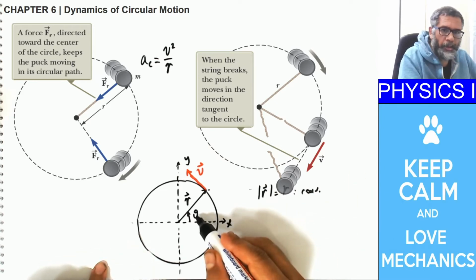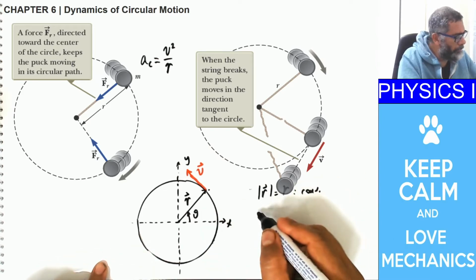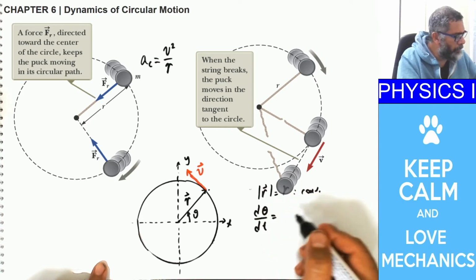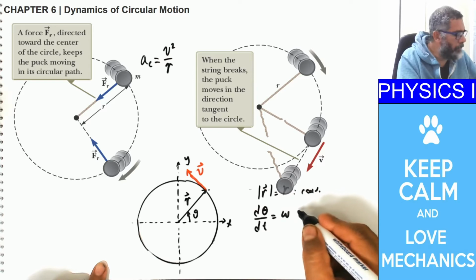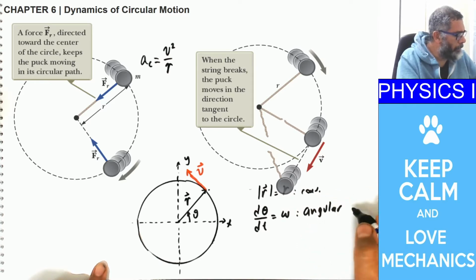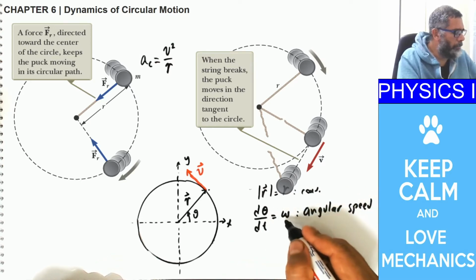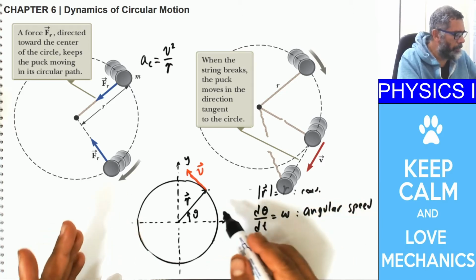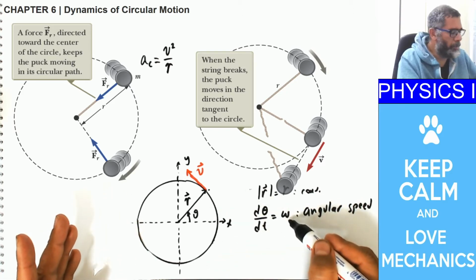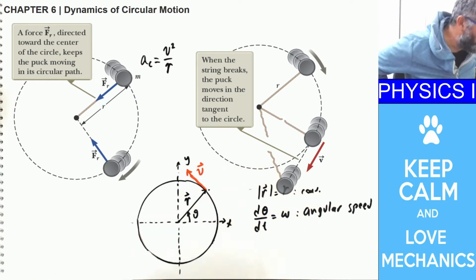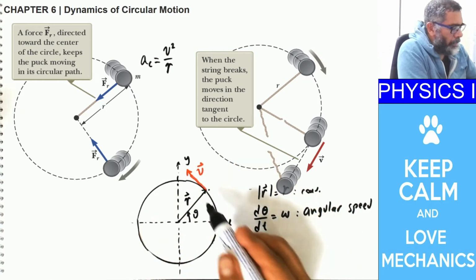But theta is going to change, and we know that for a uniform circular motion, the rate of change of theta is known as omega, which is the angular speed. And we only consider the case where omega is constant. That means it's a uniform circular motion, and v is going to be fixed.